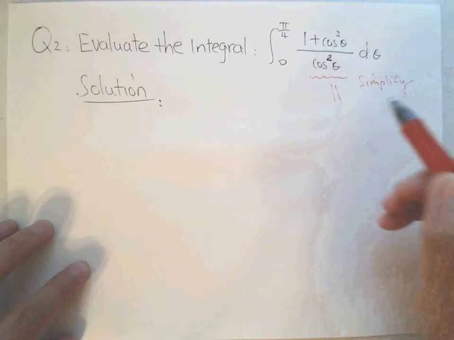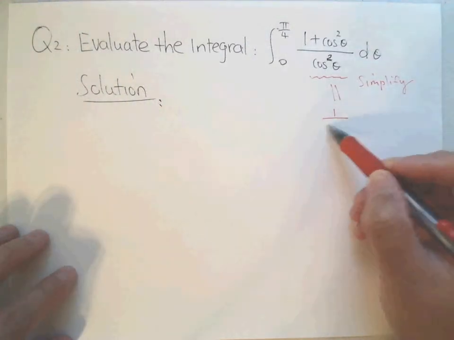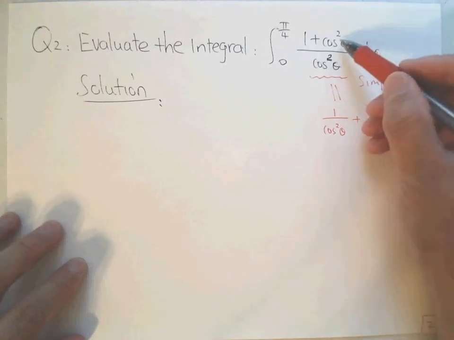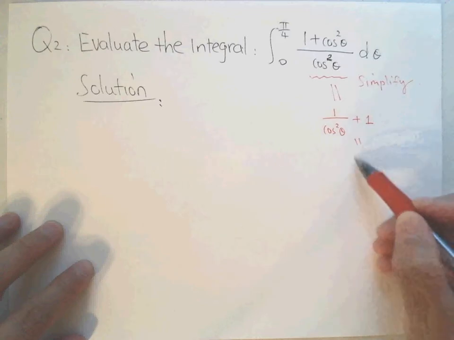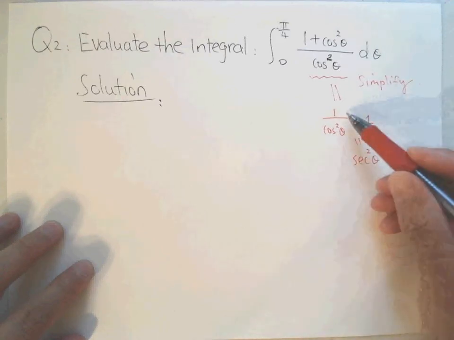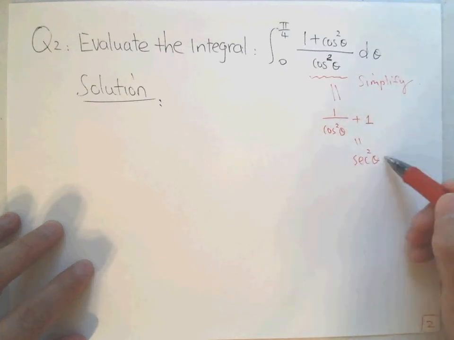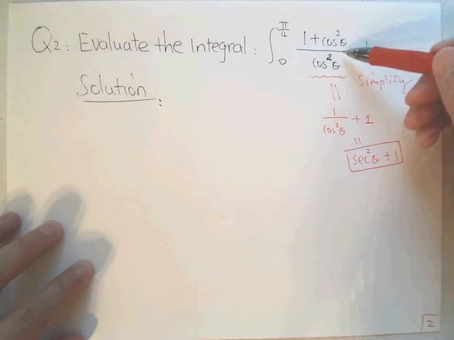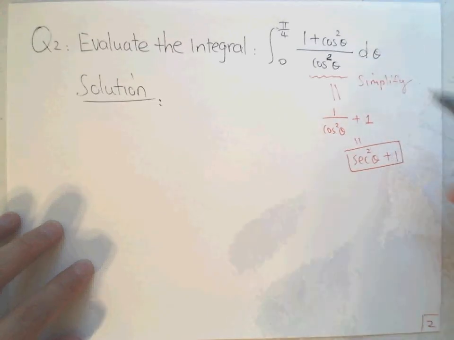How to simplify: separate the fraction, which is 1 over cosine squared theta, plus cosine squared over cosine squared, which is 1. One over cosine is secant, so this is secant squared plus 1. If you go from the original to here, this is easier than that, because we have a formula to use.